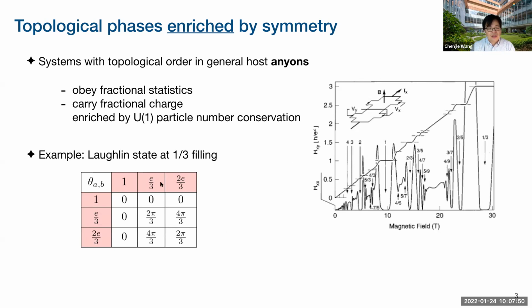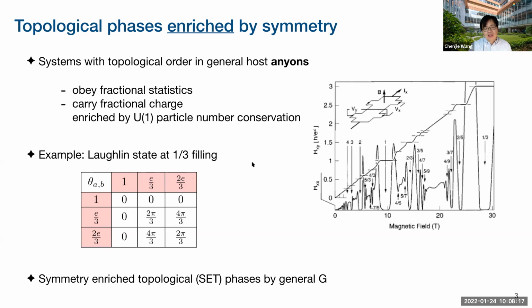And there are actually two kinds of non-trivial anyons, besides the trivial one, and they carry fractional statistics, which is 2 pi over 3 or 4 pi over 3, but also they carry fractional charge, 1/3 of an electron charge. This fractional charge is the fractional quantum number associated with particle number conservation, this U(1) symmetry.